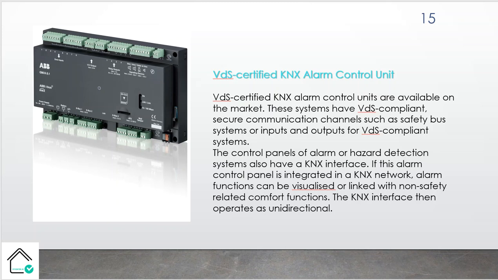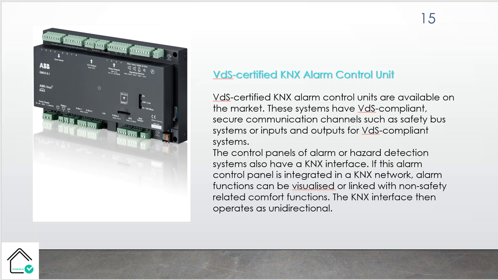These systems have VdS compliant secure communication channels such as safety bus systems, or inputs and outputs for VdS compliant systems. The control panels of alarm or hazard detection systems also have a KNX interface. If this alarm control panel is integrated in the KNX network, alarm functions can be visualized or linked with the non-safety related comfort functions. The KNX interface then operates as unidirectional.